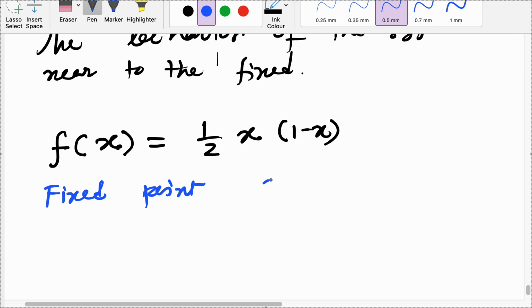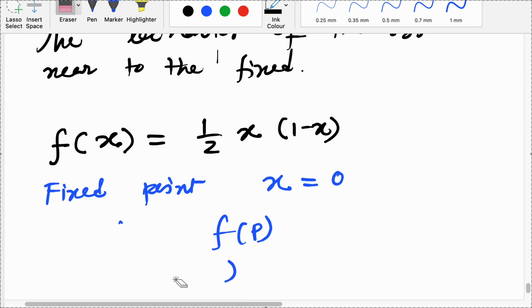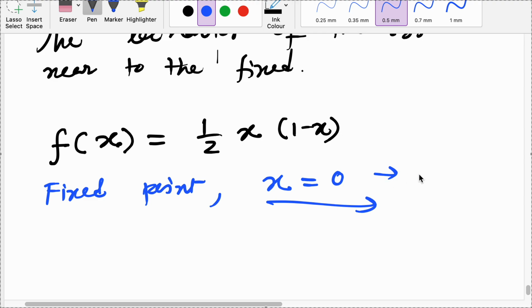One fixed point is obviously x equal to 0, because by definition at the fixed point this should be followed: p equal to f of p. If I put x equal to 0 here, then 0 should be f of 0, and you can check that this is the case, 0 will remain fixed under the action of this map. So x equal to 0 is the fixed point, and you will find that this is the only fixed point for this map.